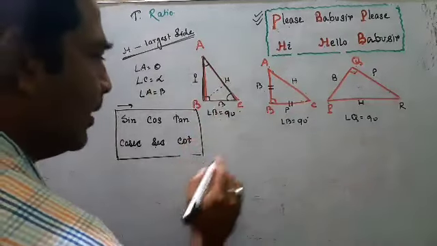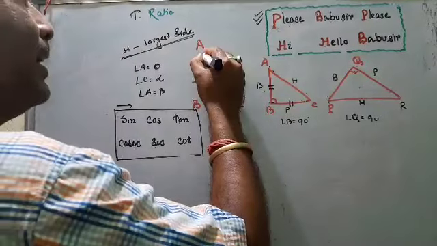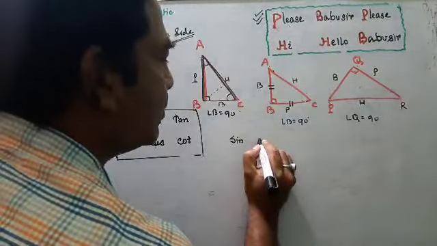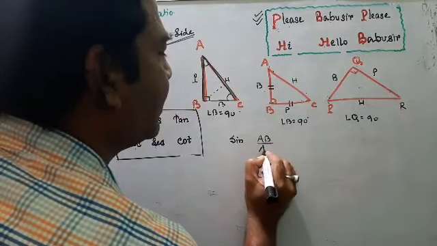In a right angle triangle, the ratio of sin is AB by AC.